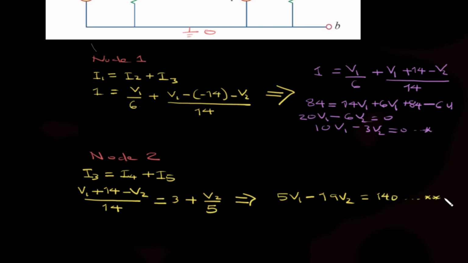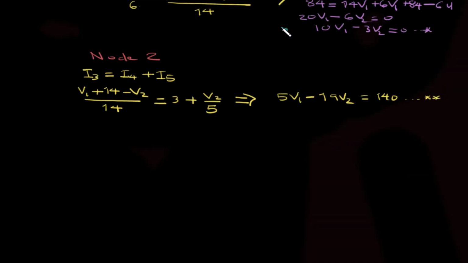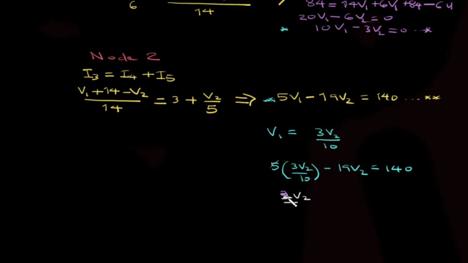So if we solve the two equations, from equation 1 we get V1 equals 3 V2 over 10. So we substitute into equation 2, we get 5 times 3 V2 over 10 minus 19 V2 equals 140. This one and this one will cancel out, and you get 3 V2 over 2 minus 19 V2 equals 140.